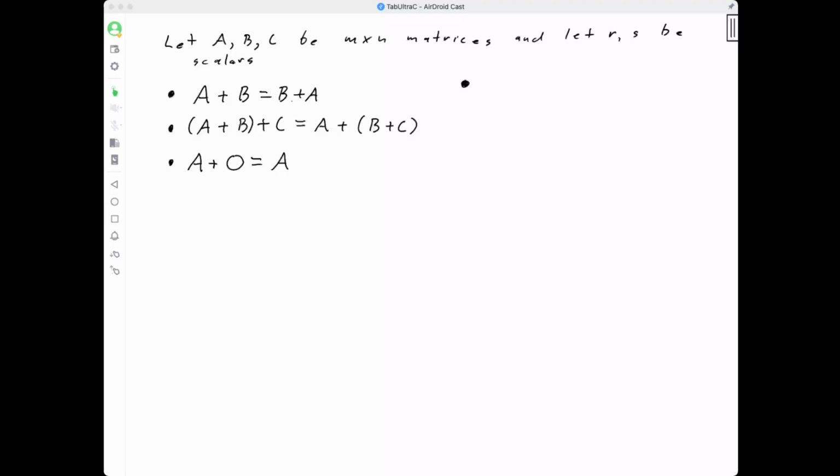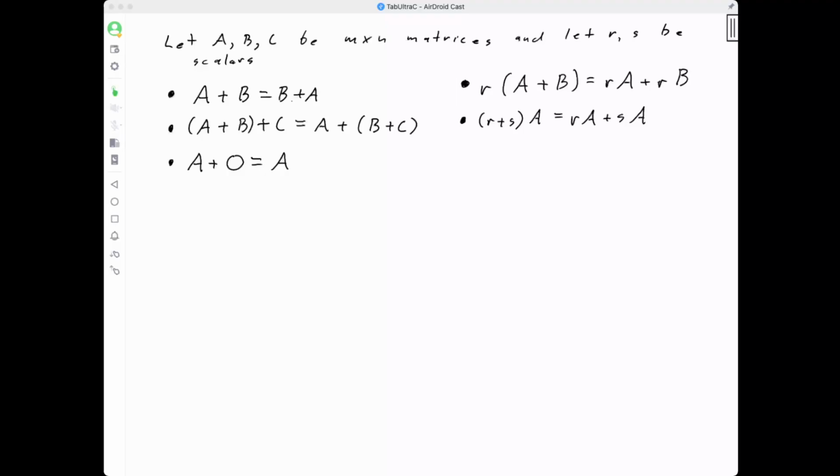The fourth fact is r times the matrix (A plus B) is equal to r times A plus r times B. You can distribute scalar multiplication. Next, (r plus s) times A is equal to rA plus sA.